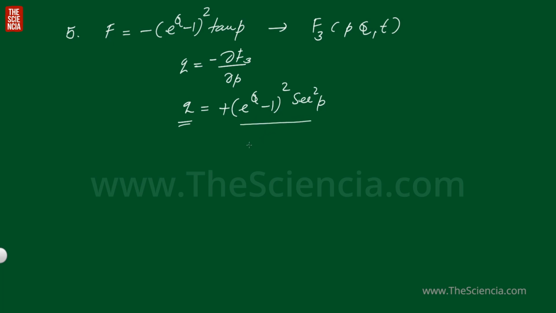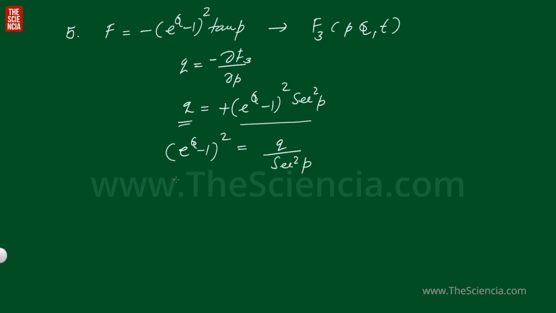And I want to rewrite this equation in the form where LHS contains only the new coordinate system and RHS contains only the old coordinate system. So we have to rearrange this equation, right? So I am rearranging this equation. So (e raised to q minus 1) all square is equal to q by sec square p.